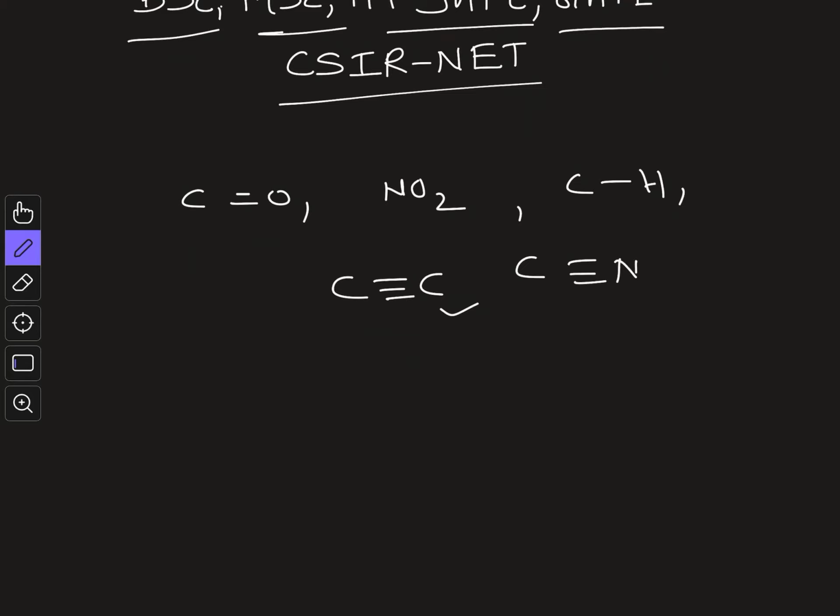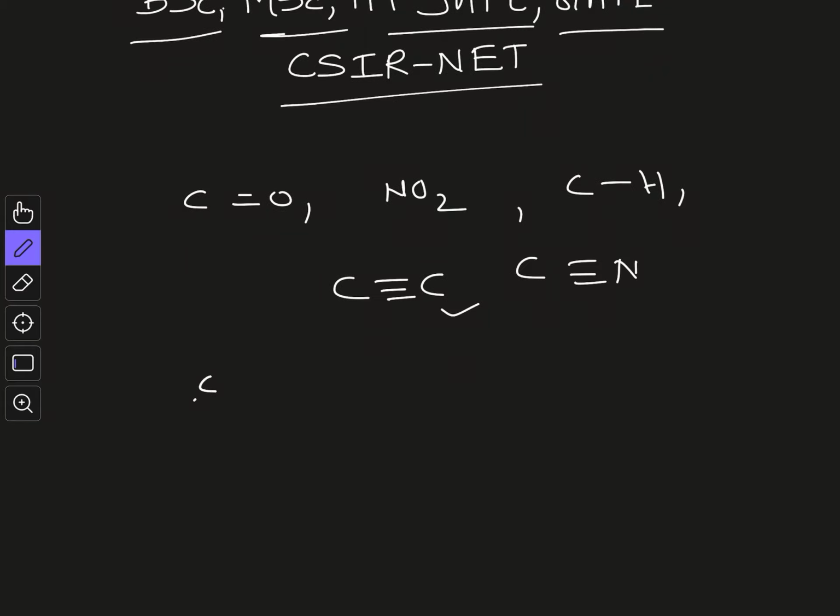Now it is interesting to note that in every molecule there are many kinds of bonds and all bonds vibrate, right? For example, let's say you have a CH2 group. This CH2 group can vibrate in different ways, like this CH bond can stretch like this, or it can also stretch like this.